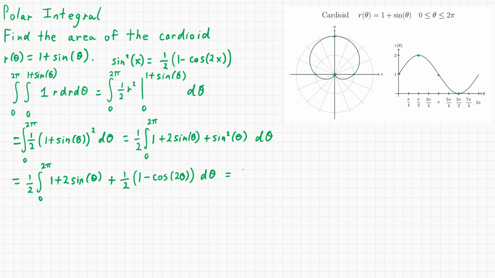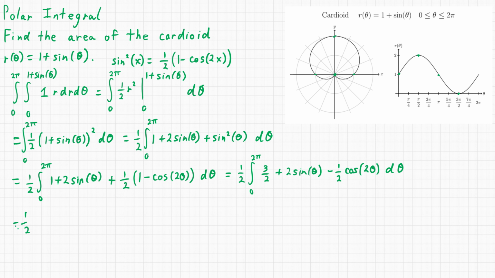Now let's simplify a little more if we can. Not a whole lot. So we have our 1/2 integral 0 to 2 pi. We have a 1/2 plus a 1, so that 1 in front becomes a 3/2, and then plus 2 sine theta, and we have a minus 1/2 cosine 2 theta, d theta. Now we can integrate everything.